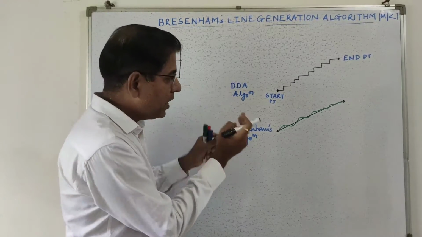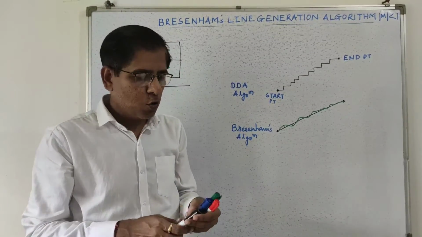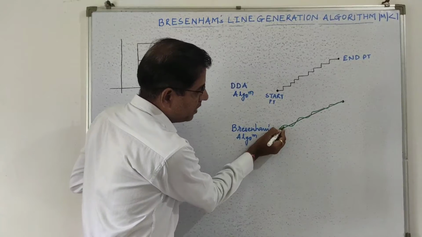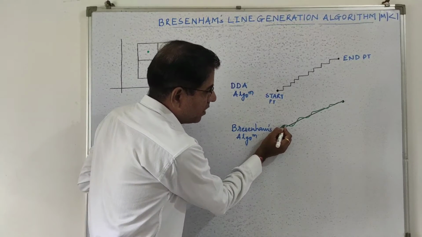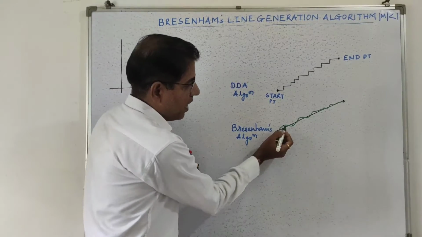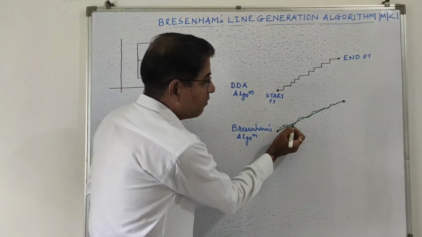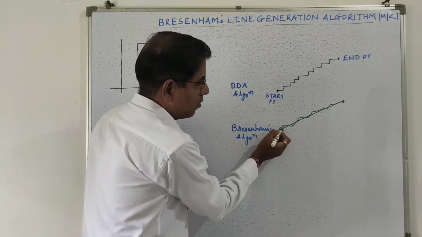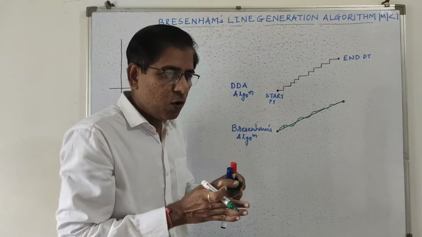But in case of Bresenham's algorithm, or in case of line following robot, when a robot starts traveling and when it deviates from the center line, then it adjusts its steering or adjusts its direction so that it follows the path, follows a straight line. Again, when it deviates to this side, then again it adjusts its steering and follows the straight line, and because of that the robot seems as if it is following a straight line.